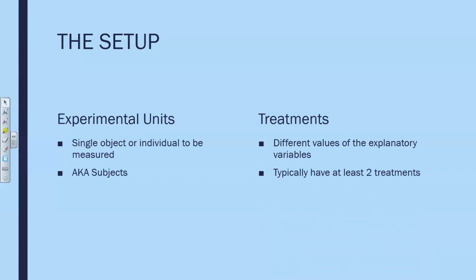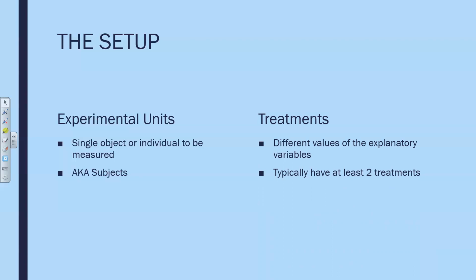And then we have, and again, we've kind of talked about this, we have treatments. The treatments are the different values of your independent or explanatory variable. Okay. The treatment is the different values.